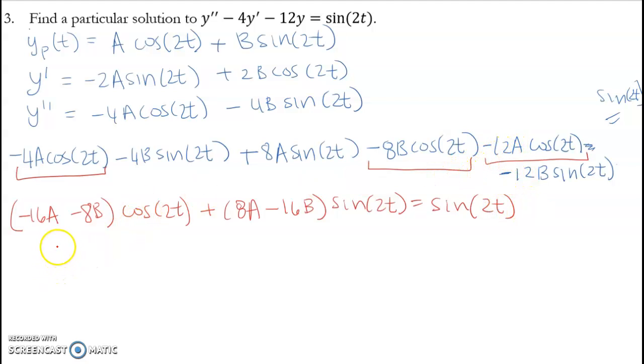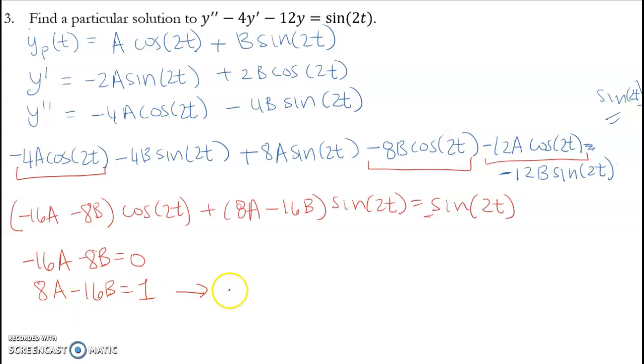So here we get negative 16a minus 8b, which should equal 0 because I don't see any cosine terms on my right-hand side. And the second equation I have is 8a minus 16b, which should equal 1 because the coefficient on the right-hand side multiplied by the sine is just 1.